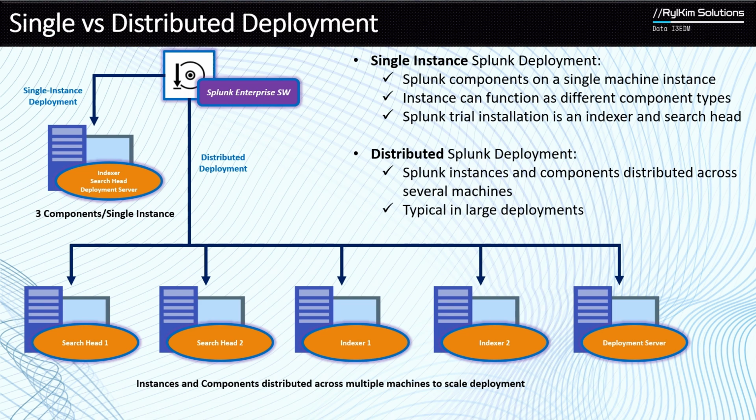You say, okay, maybe this instance I've installed here is going to be one search head. The other one is going to be a second search head. Another is going to be an indexer. The other is going to be the second indexer. I'm going to have a separate instance as a deployment server, and other components that we have spoken about. So basically, you are just distributing these components across multiple machines, and that is what you call a distributed deployment.